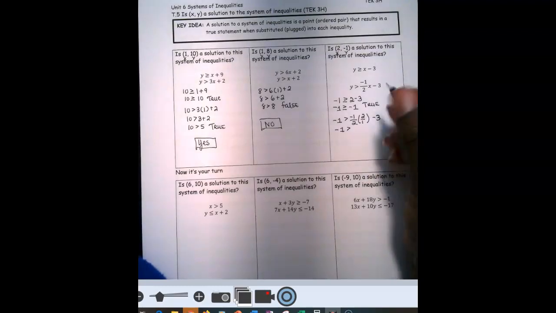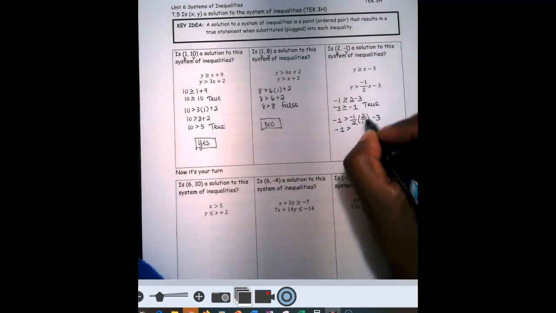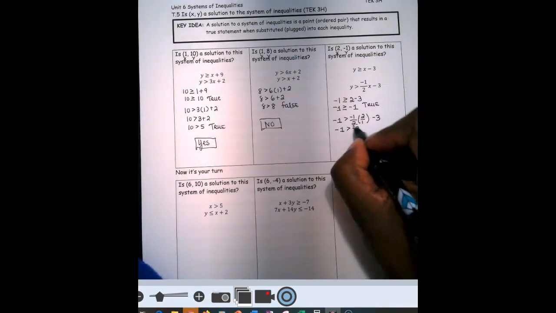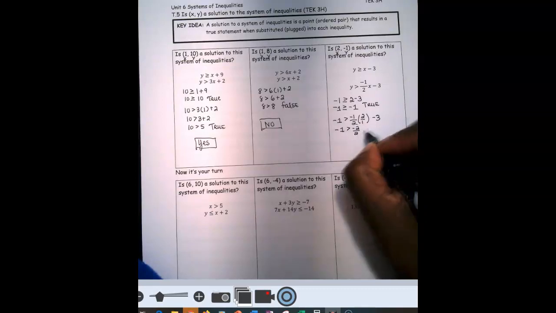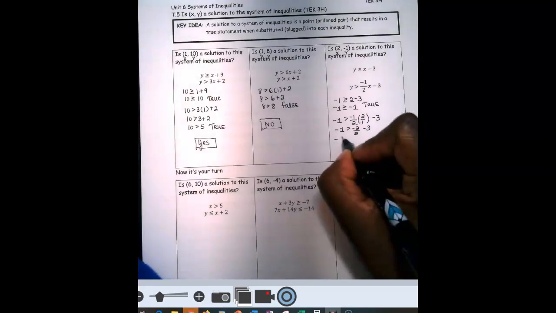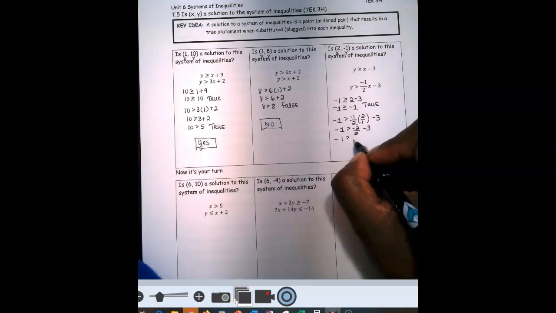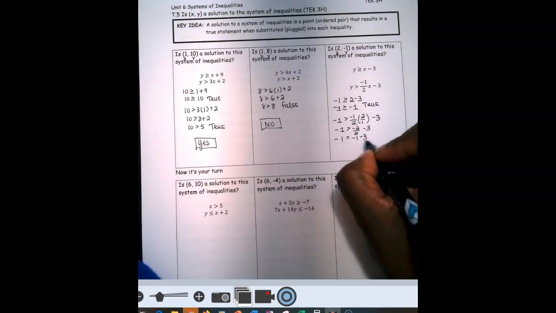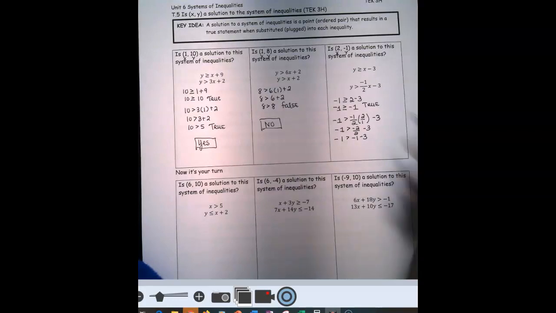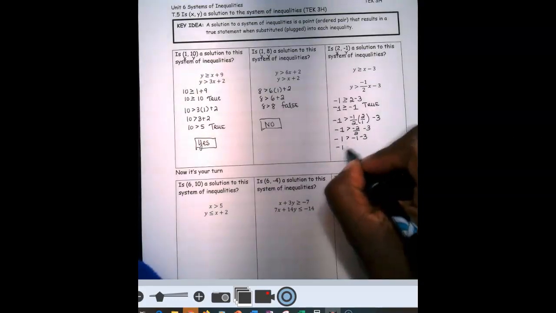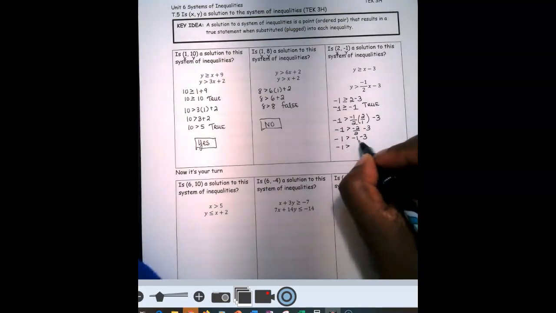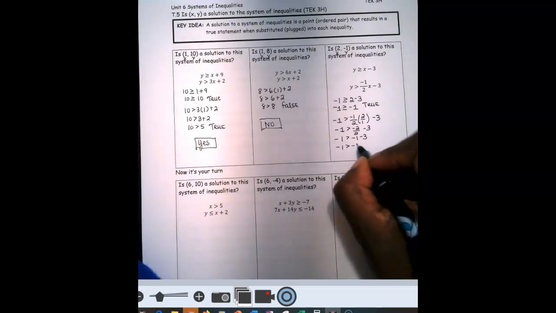So we've got -1 times 2 is -2. 2 times 1 is 2. And then minus 3, and I'm going to go ahead and simplify this. So this is -1 minus 3. So negative 1 is greater than, well, negative 1 minus 3 is negative 4.